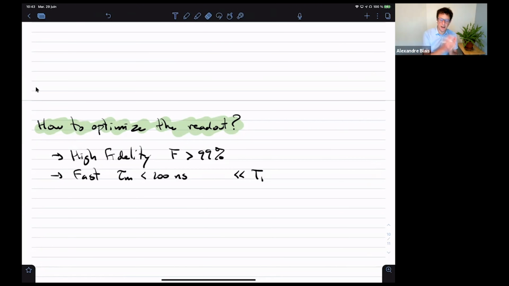So I want both high fidelity and fast, and these two things in part go together, because if it's a slow measurement, it cannot be high fidelity because of what I just said. But by trying to make it too fast, as you will see, you can end up decreasing the fidelity also. So let me explain these things. And again, please interrupt me anytime.